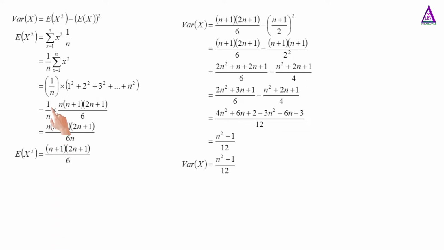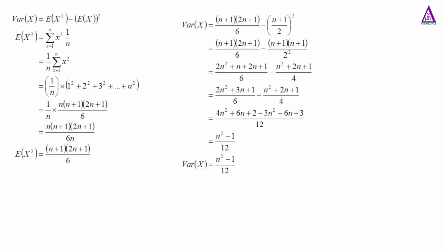We factorize 1 over n out, and we have the summation of x ranging from 1 to n of x squared. We have 1 over n multiplied by the expansion of the summation of x squared, which gives us 1 squared plus 2 squared plus 3 squared plus dot dot dot plus n squared.